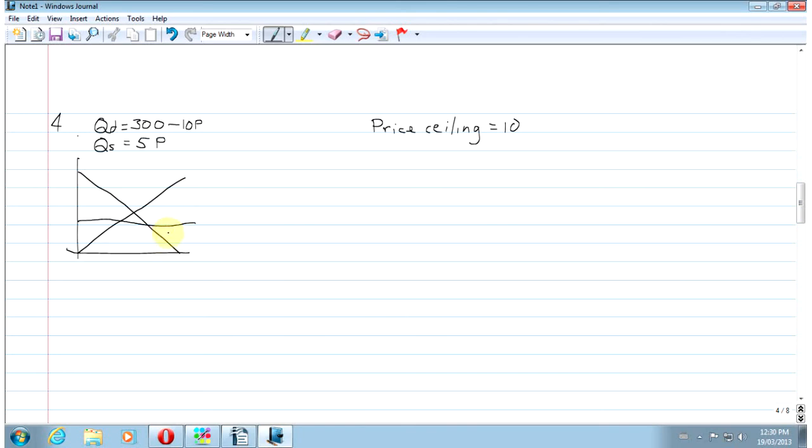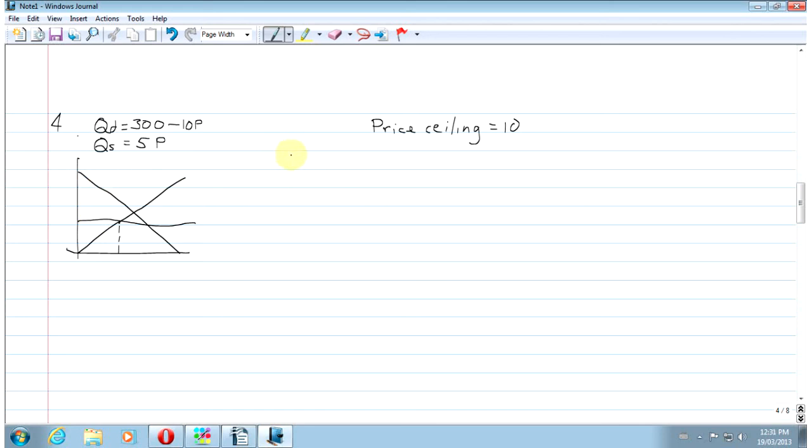That's a straight line, but since we know that the market price was greater than 10, we know that the price ceiling is binding, so there is actually going to be a restriction on the quantity. What that restriction is, we can figure out because we have the supply curve. But what we don't know is who's going to get the units, whether it's the people who value it the least down here on the right side, or the people who value it most up here on the left side.